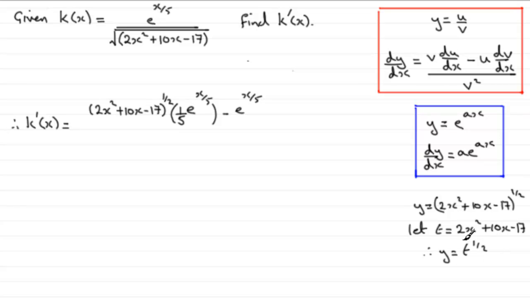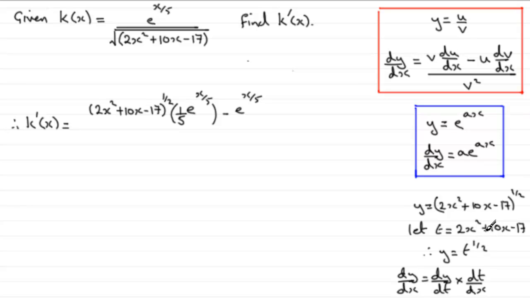So when it comes to working out dy by dx, we use the chain rule. dy dx is the same as dy by dt multiplied by dt by dx. Now, for dy by dt, differentiating y with respect to t, we're going to get a half t to the power minus a half.